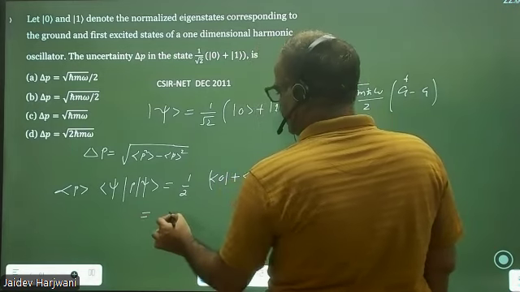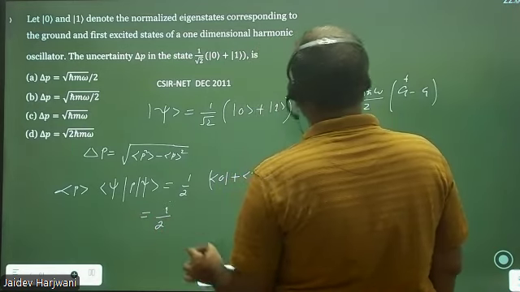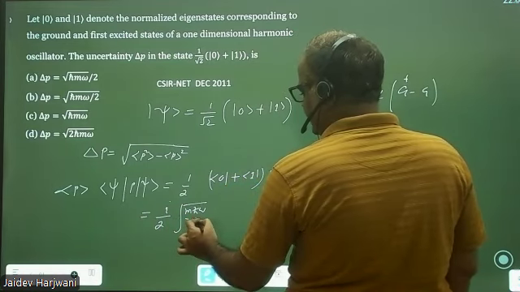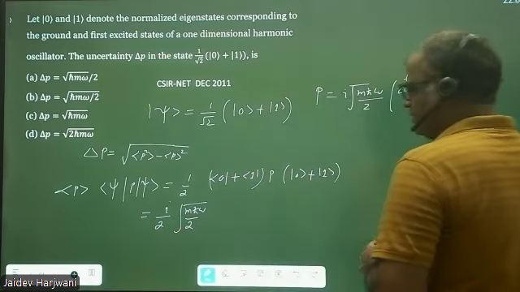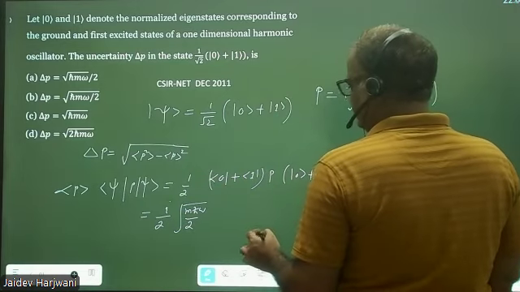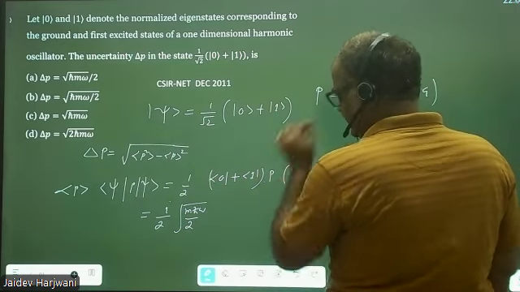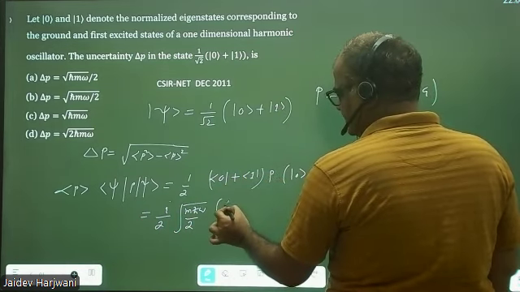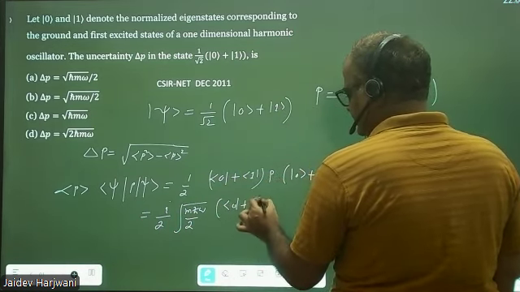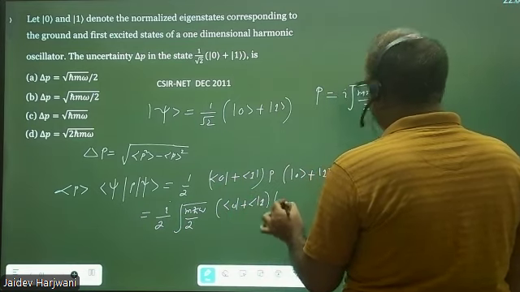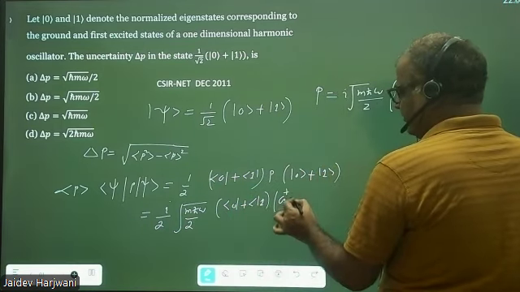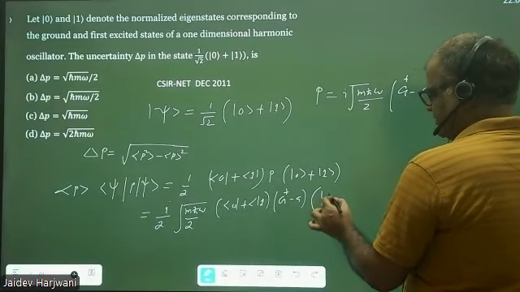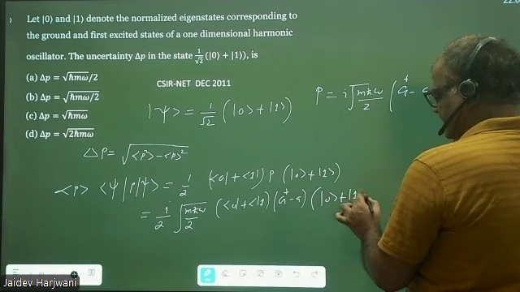So this will become i times 1/2 root of m h cut omega by 2, and here we need to operate (a dagger minus a) on 0 plus 1.